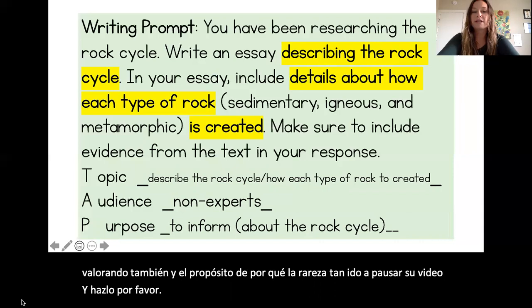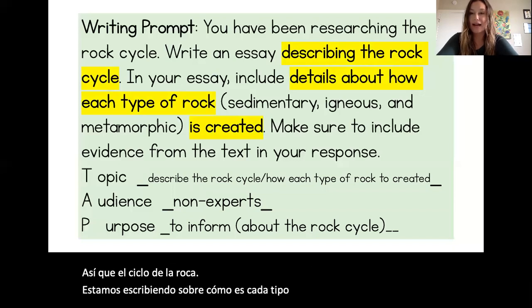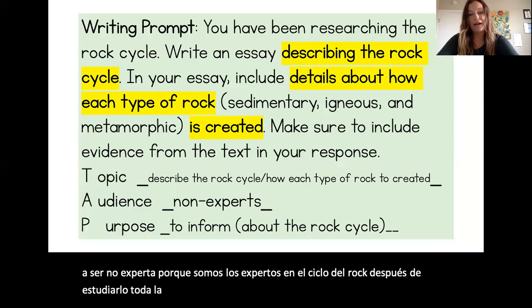So you can see our topic, what we're writing about, is describing the rock cycle. So the rock cycle. And we're writing about how each type of rock is created. Our audience is going to be non-experts because we are the experts on the rock cycle after studying it all week. And our purpose is to inform about the rock cycle.